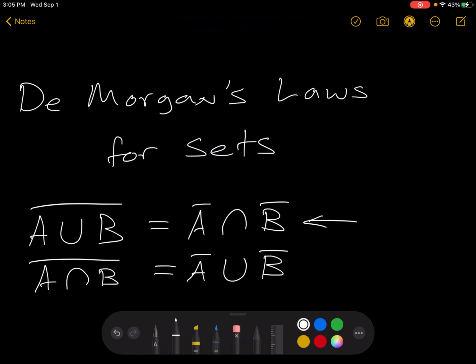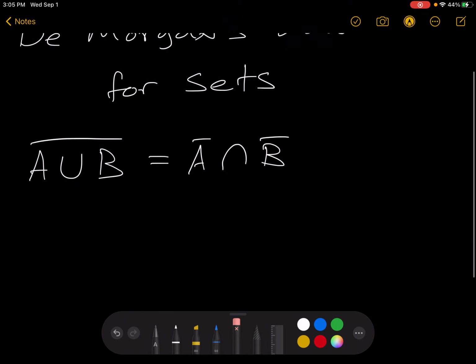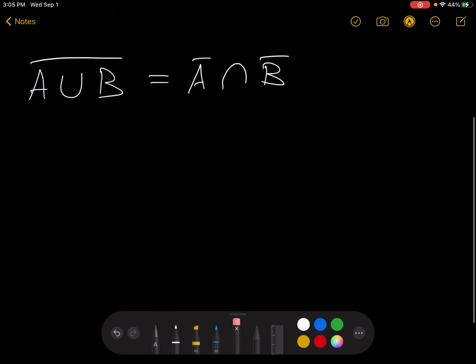These are really just a rephrasing of De Morgan's laws into the world of set theory. Okay, so let me show you why this is true. And remember, De Morgan's laws are really important, so it makes sense that I would show you this as well.